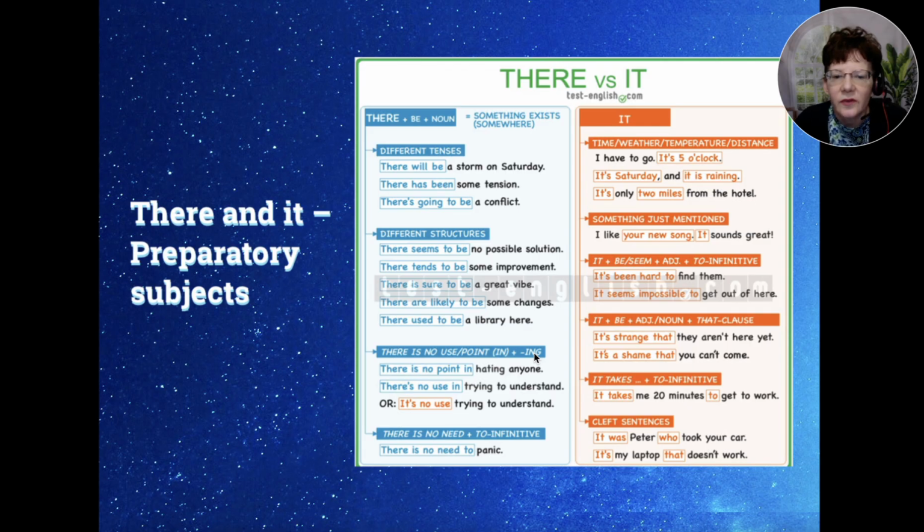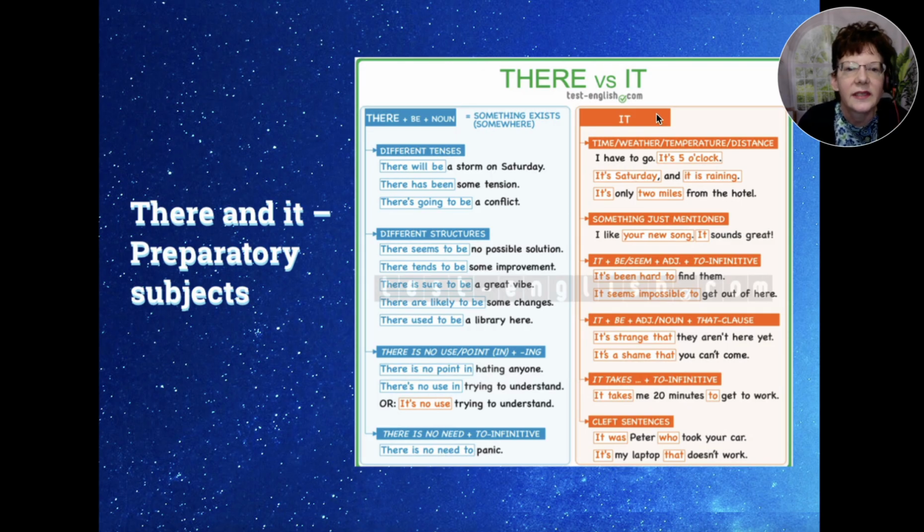So we've got there is no point in hating anyone. So, ing verb, and there's no use in trying to understand. Or we can just begin by saying it's no use trying to understand. And one last thing, there is no need plus to an infinitive. For example, there is no need to panic.